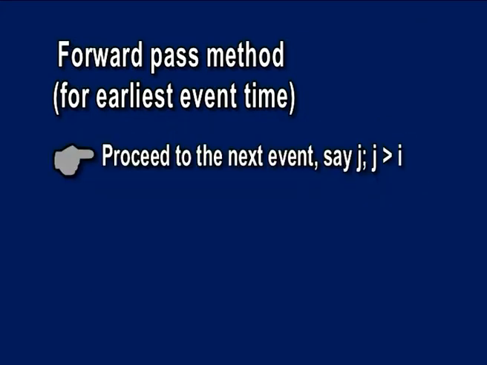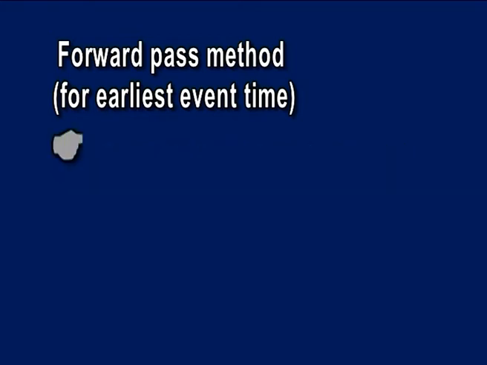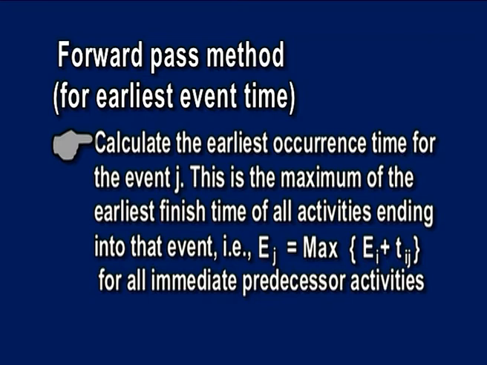Fourth, proceed to the next event, say j being greater than I. Fifth, calculate the earliest occurrence time for the event j. This is the maximum of the earliest finish time of all activities ending into that event, that is, E of j is equal to max of E of I plus T of ij for all immediate predecessor activities.